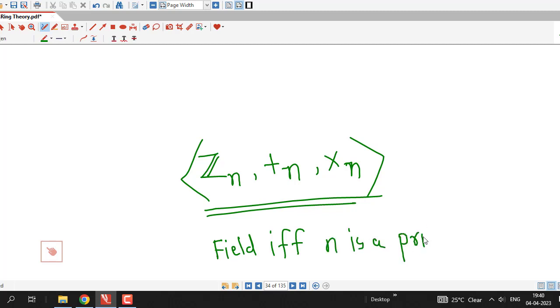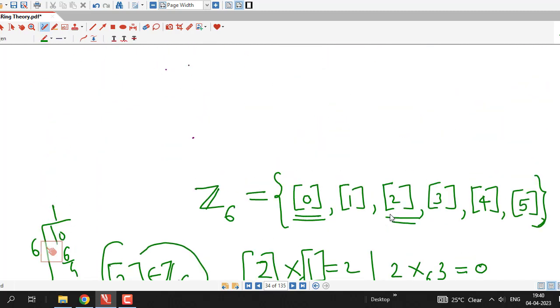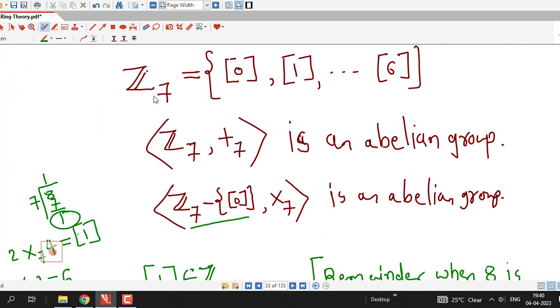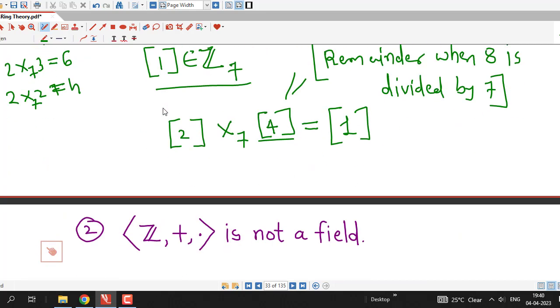We have seen that Z6 is not a field because 6 is not a prime, and that Z7 is a field because 7 is a prime number.